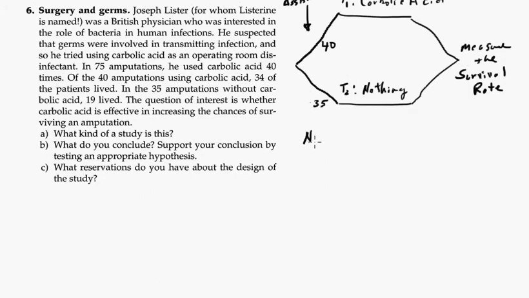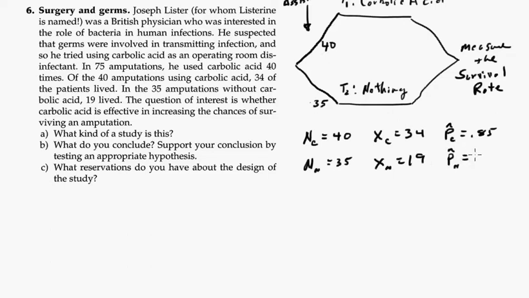The sample size for those that did have carbolic acid used as a disinfectant was 40, and X of C was 34. So p-hat of C is 0.85, and then n of N was 35, and X of N was 19, and p-hat of N, I'm going to have to calculate that.